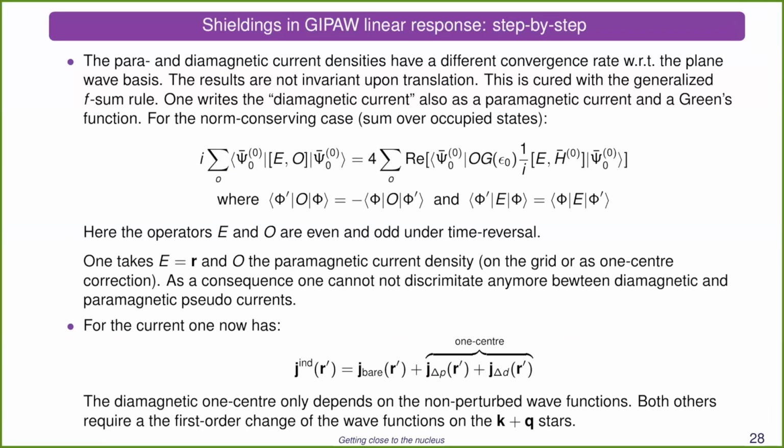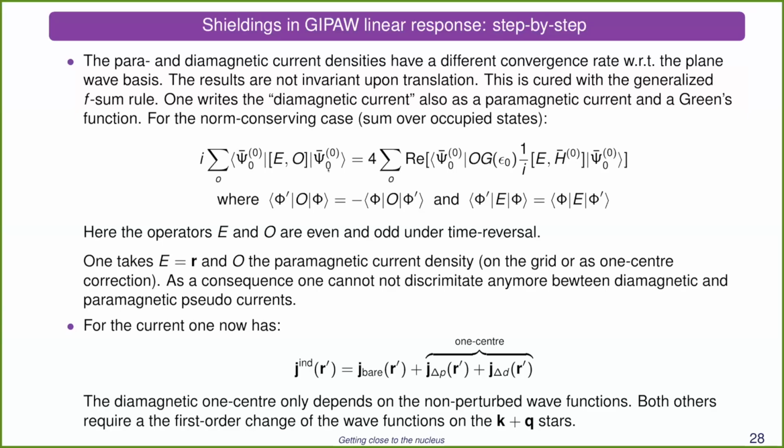And now about the para- and diamagnetic currents. There we go very fast because you don't notice that this is all programmed and it is working. But even on the plane wave lattice, the paramagnetic and diamagnetic current densities have a different convergence rate with respect to the basis set. And that gives a loss of translational invariance. This can be cured with this famous Epsilon rule, a Mauri paper in the 1990s.